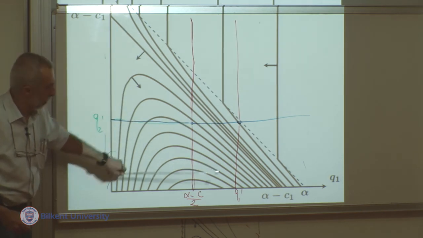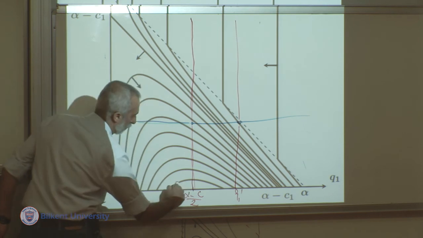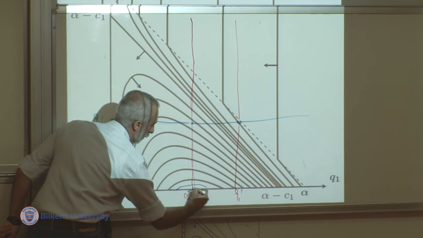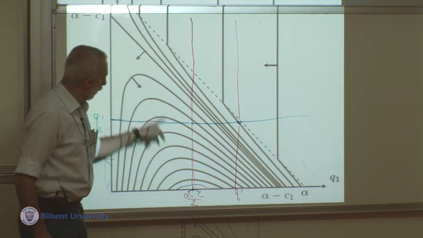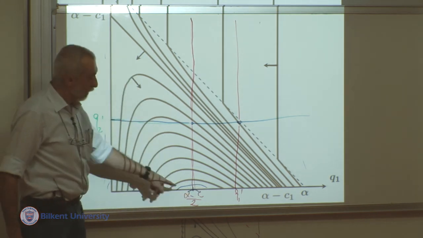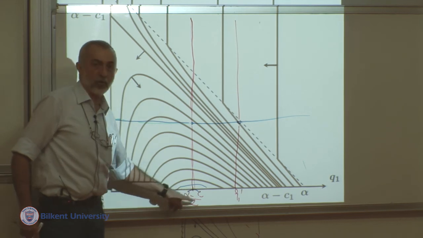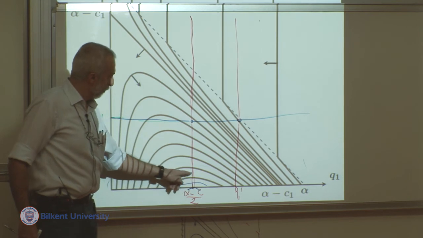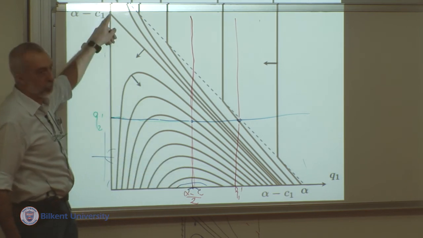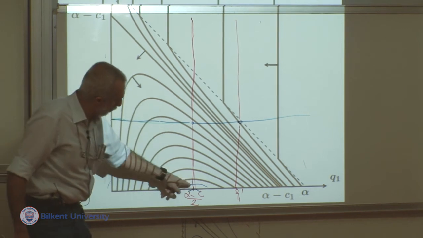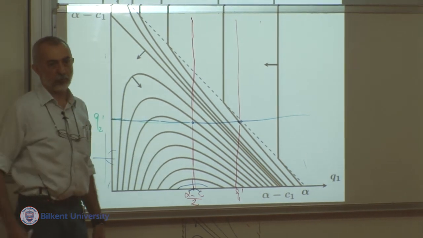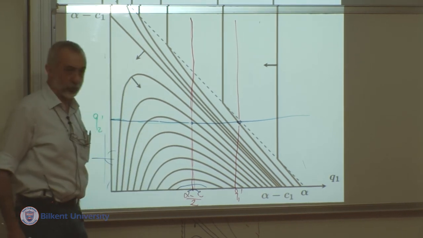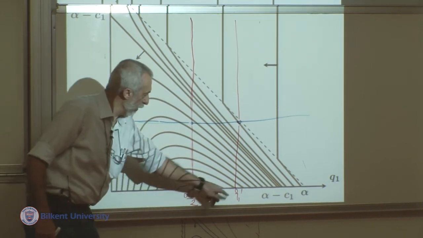But when you look at it, you see these indifference curves shrink, and the peaks of all these indifference curves are to the left of alpha minus C over 2. As we move on, the peak moves toward 0. So just by observing that fact, we have your friend's conclusion. Alpha minus C over 2 strictly dominates.